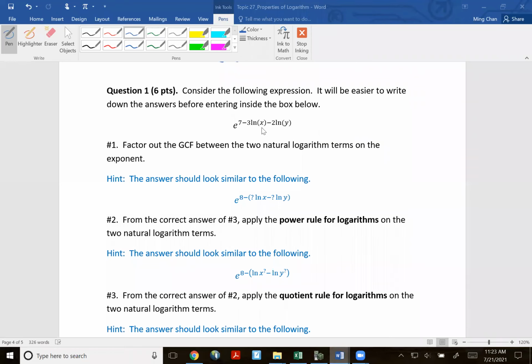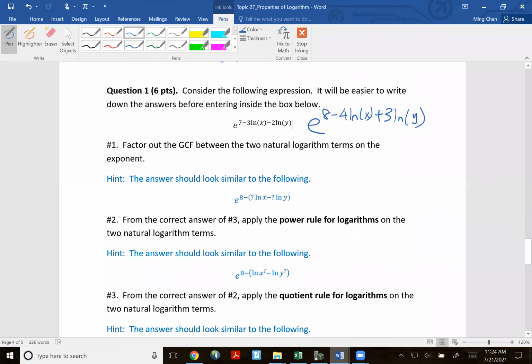Okay. So I would change this part after class. E to the 8, I want it to be 8 minus 4 times natural log of x. And this is where the difference is. Plus 3 times natural log of y. Okay, this plus sign is what the difference is.